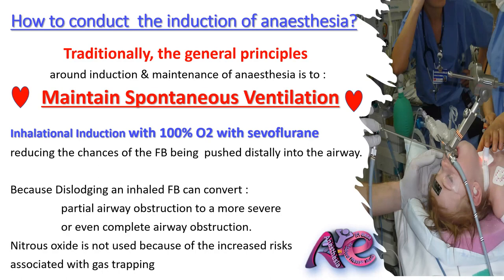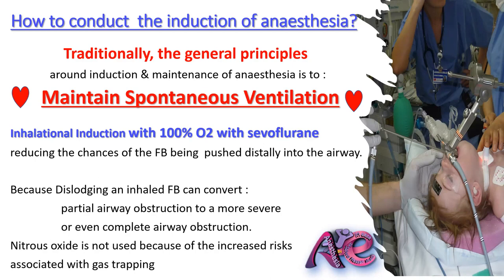This reduces the chance of the foreign body being pushed distally into the airway, because dislodgement of an inhaled foreign body can convert partial airway obstruction to more severe or even complete airway obstruction.